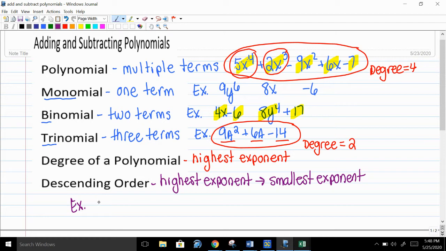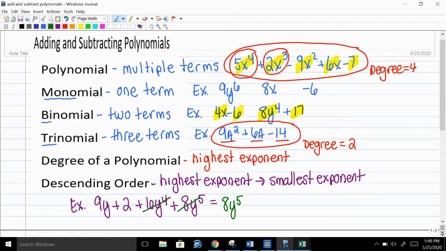So, for example, if you had something like 9y plus 2 plus 6y to the fourth power plus 8y to the fifth power, and we wanted to rearrange that in descending order, you find the biggest exponent and you work your way down. So rearranged, it would be 8y to the fifth, right? That's the biggest exponent.